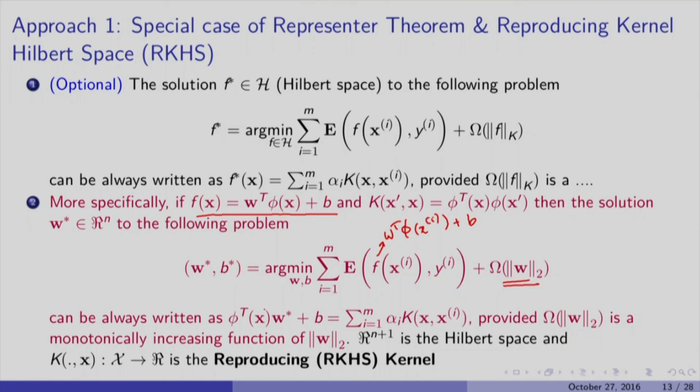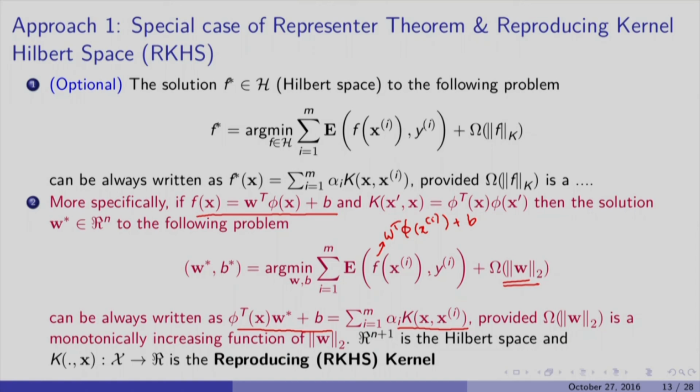Now it turns out that the solution w transpose phi(x) plus b can always be equivalently written as a summation over kernel evaluations of the input query x with every point in the data set xi scaled by some appropriate alpha i. As before, we would require the omega to be a monotonically increasing function of the 2 norm of w.